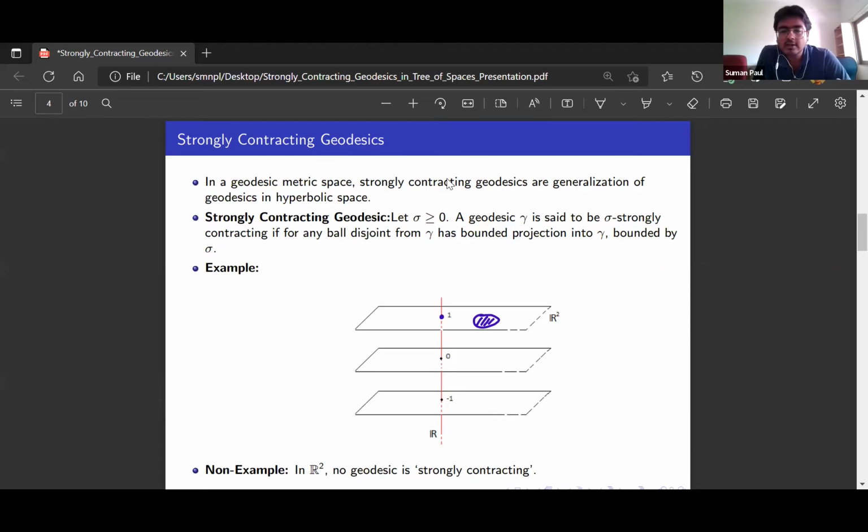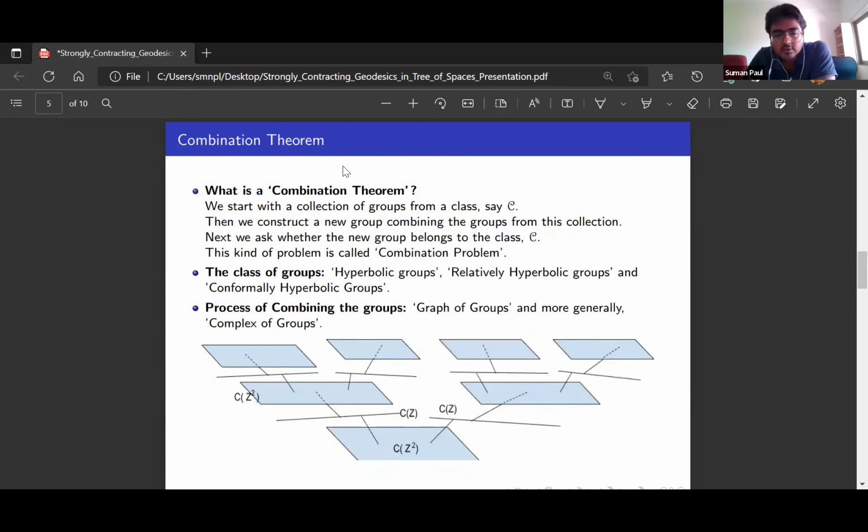So similarly, we can define the boundary of a general metric space, taking the collection of strongly contracting geodesics of that general metric space, right?